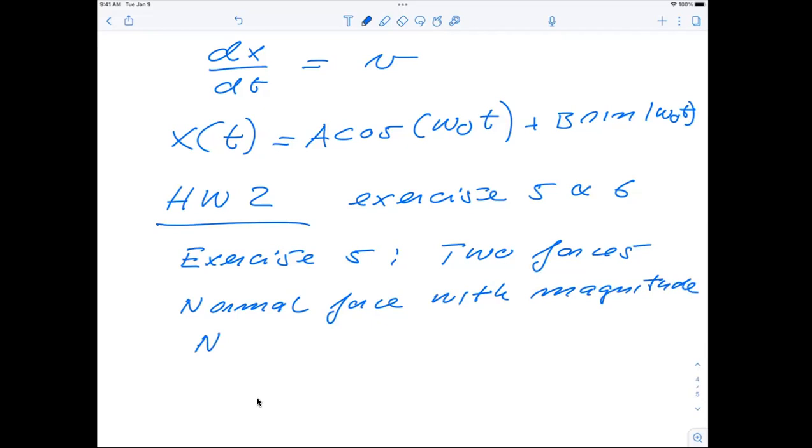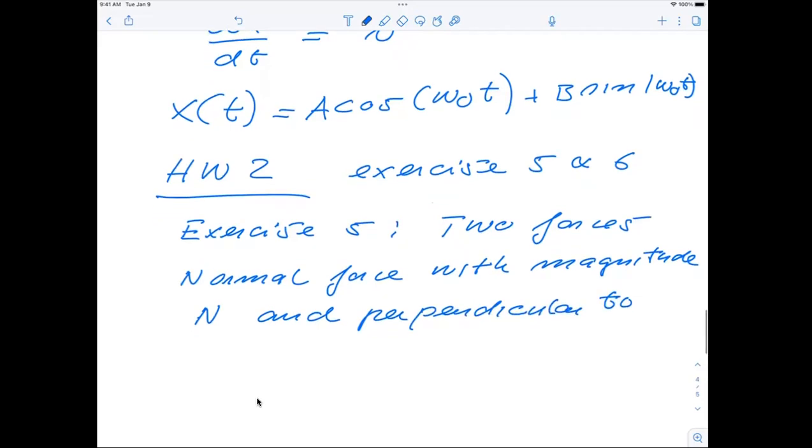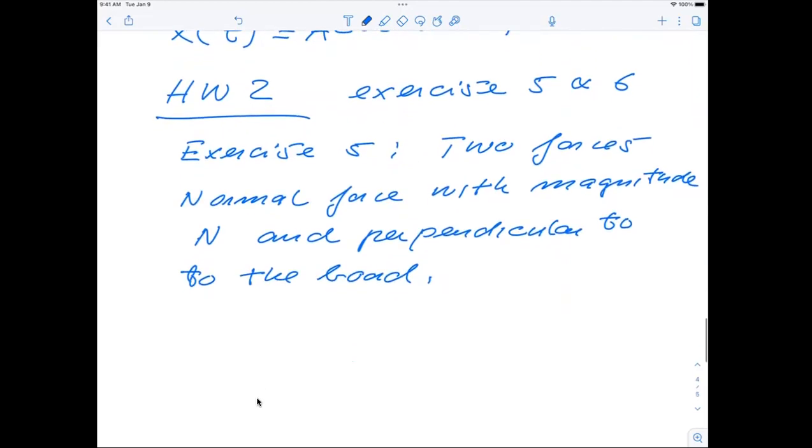And it's perpendicular to the board. And then the other force, in this case, is gravity, G.